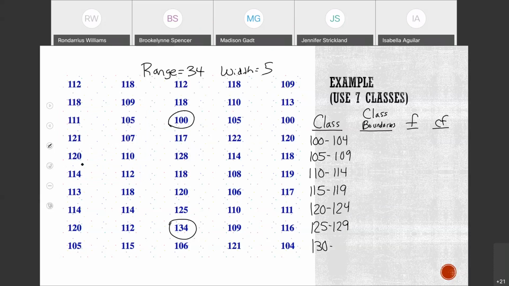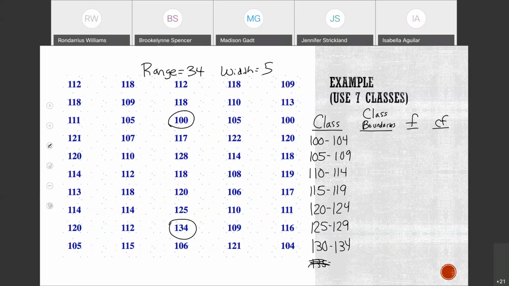We'll erase it later, but remember how we did it, 100, 105, 110, 115, 120, 125, 130, the next one would have been 135, and then this would be 134, and then I'll get rid of that. So it still has to be equal to the width, right?